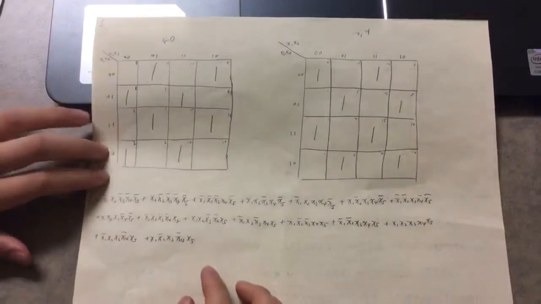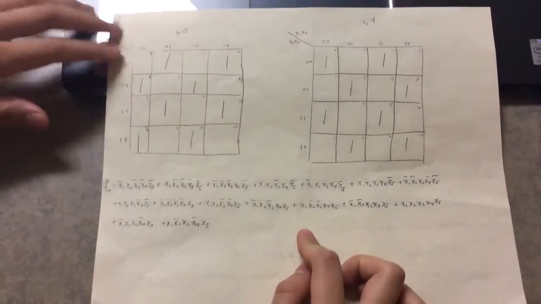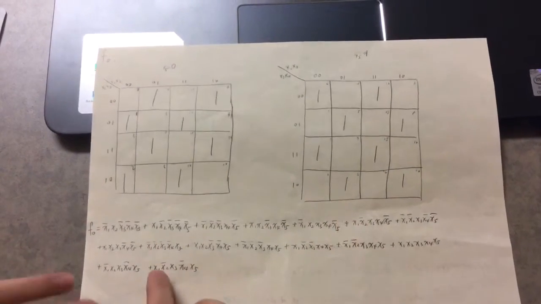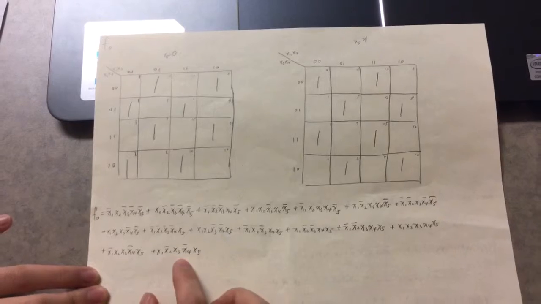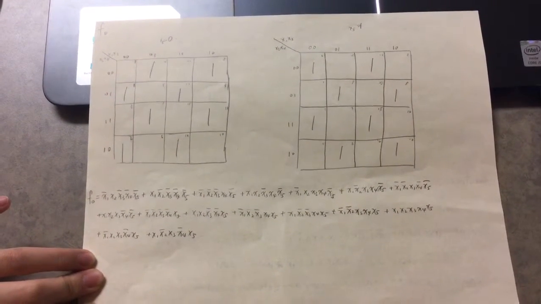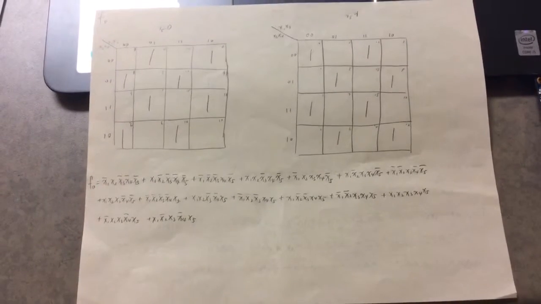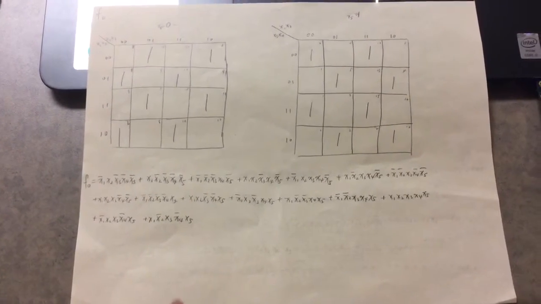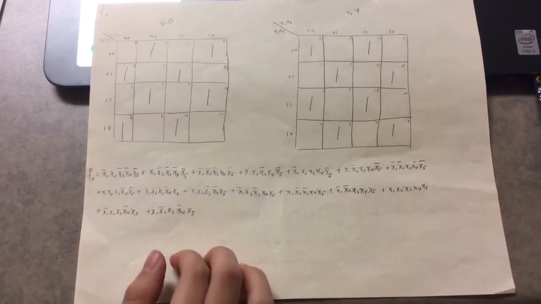I can get 16 min terms because there are 16 ones here. And these 3 expressions are either a minimum SOP or POS. And I calculate the total cost of this approach is 309.